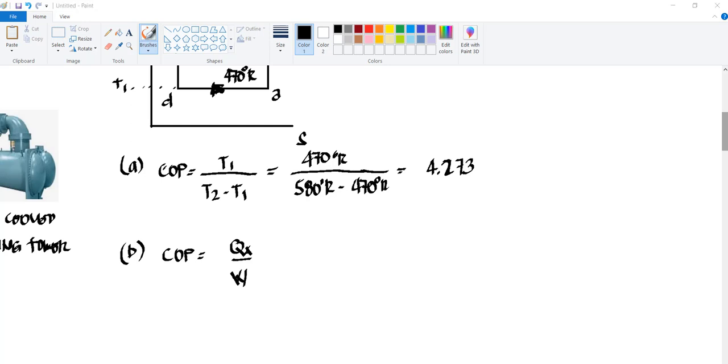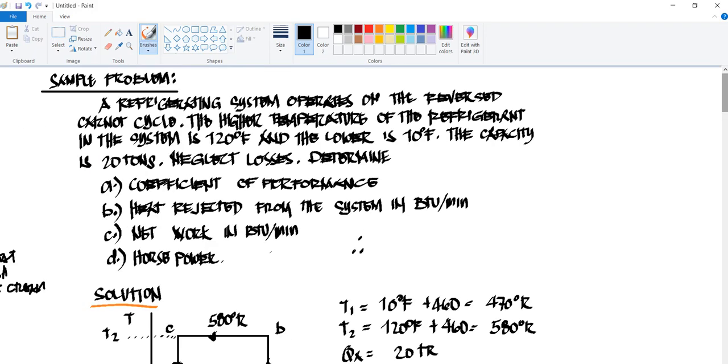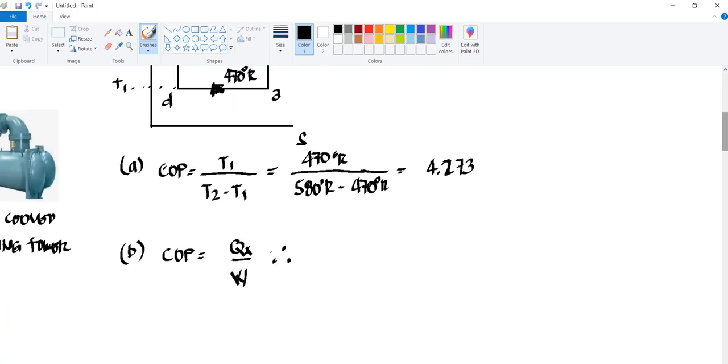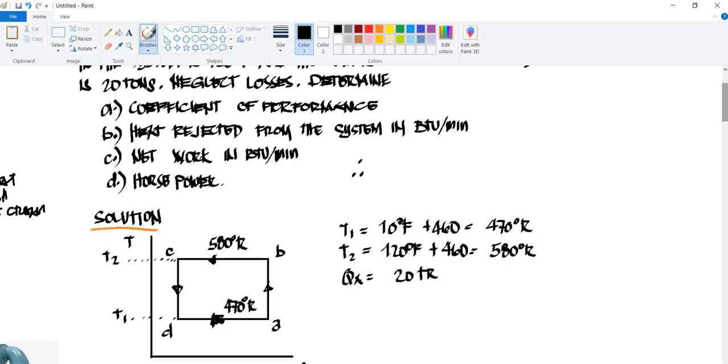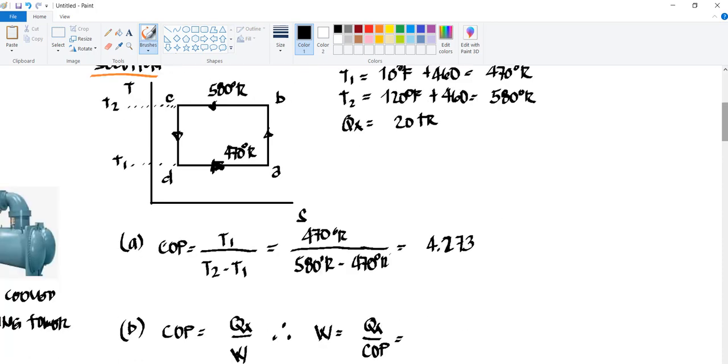So we need to find the value of your work in order to get your heat rejected. So we can rewrite our equation as the Q absorbed divided by your COP, where our Q absorbed, that will be 20 tons of refrigerant.